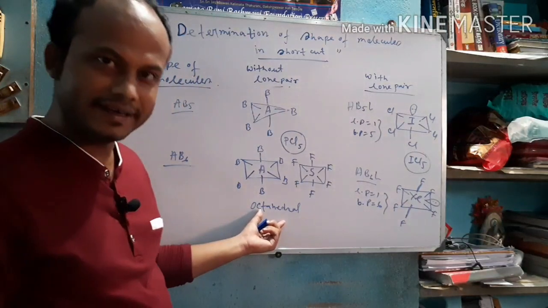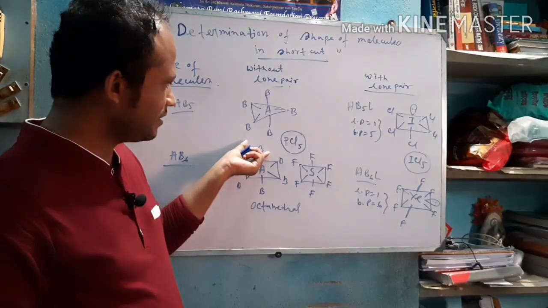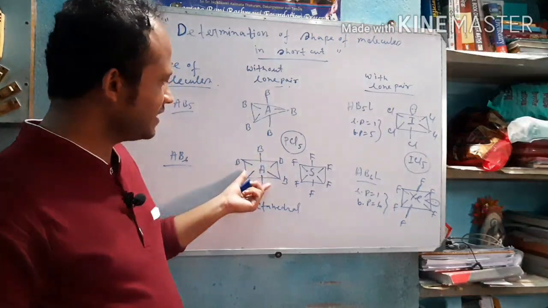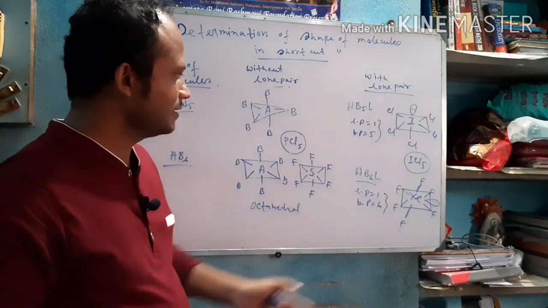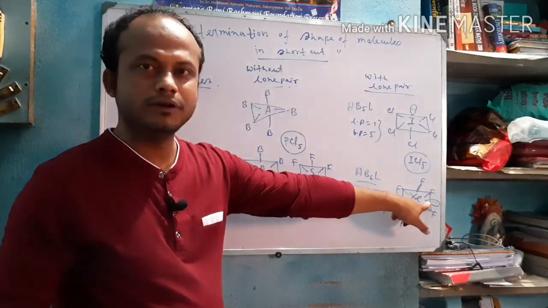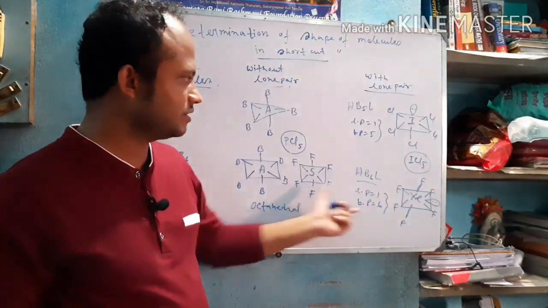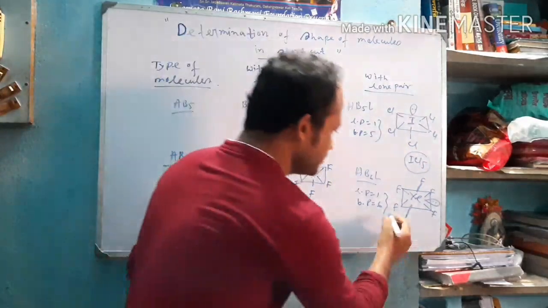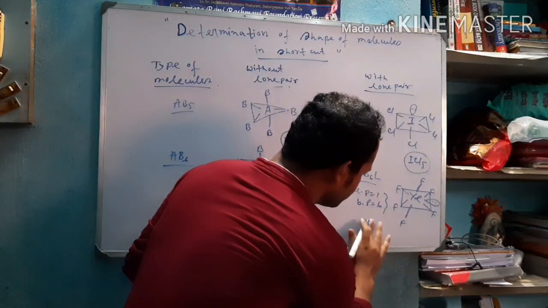Here 4 in the plane, above 4 and below the 4 plane. 4 and 4, 8 planes, so this is octahedral. But here, due to the presence of lone pair, the octahedral structure becomes distorted. So distorted octahedral. What is the name of this structure?